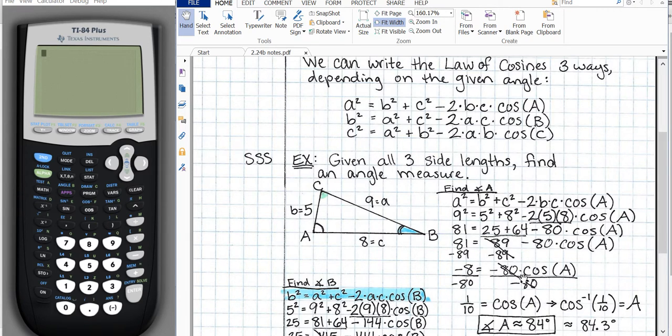Well, opposite of times negative 80, we have to divide. Divide both sides by negative 80, and we can just leave that as a fraction and simplify it. Here it's simplified down to positive 1/10 because a negative over a negative is a positive. And 8 goes into 8 one time, while 8 goes into 80 10 times here. So it simplifies pretty nicely. So we have 1/10, or 1 over 10, equals cosine of A.